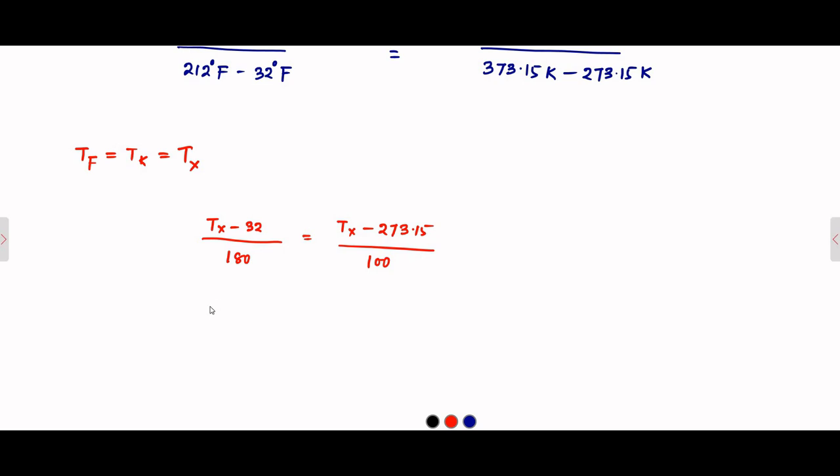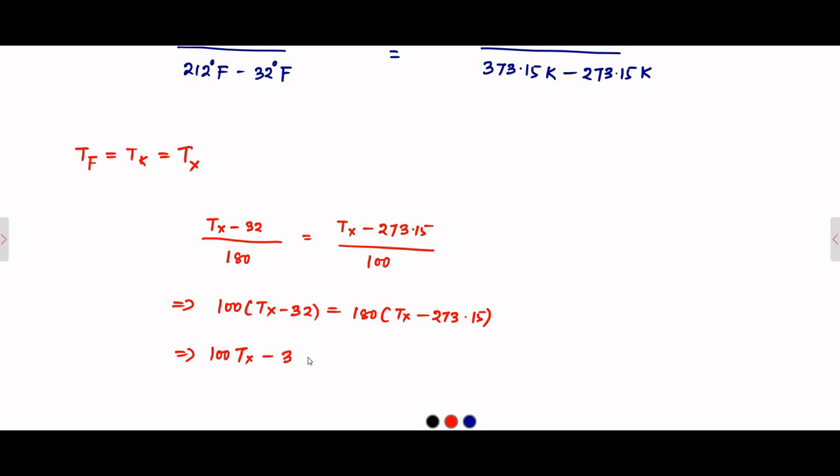So now we'll do cross multiplication. That implies 100 into (Tx minus 32) is equal to 180 into (Tx minus 273.15).